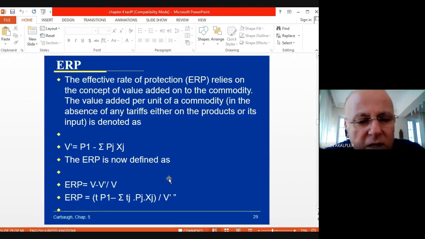Therefore, the effective rate of protection is now defined as V minus V dash over V dash.